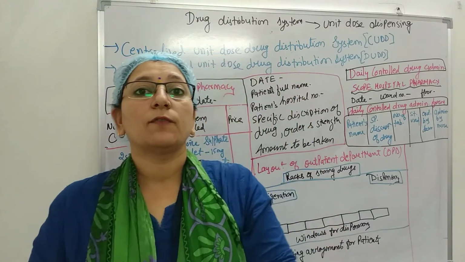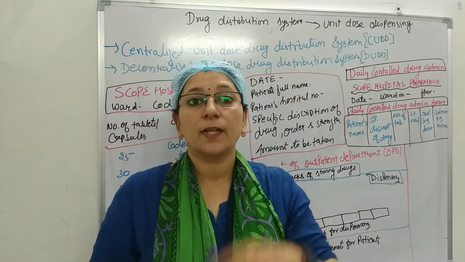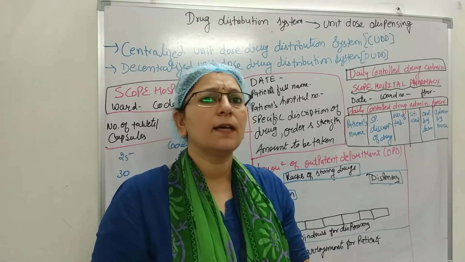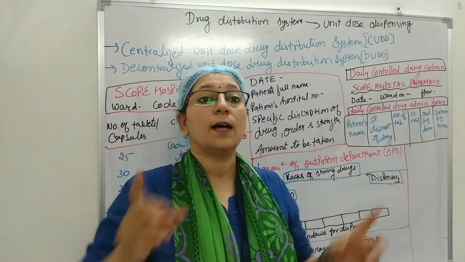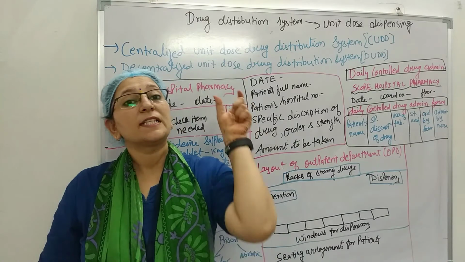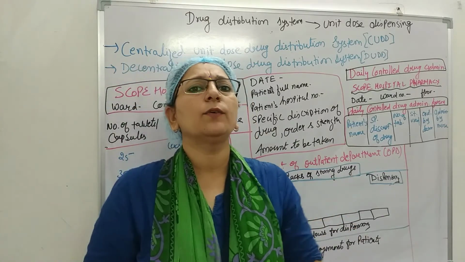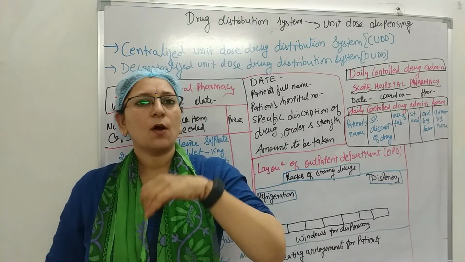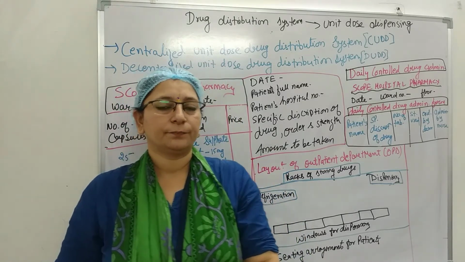Ordering ward stock of the controlled substance from the pharmacy, or requisition for ward stock of controlled substance, is completed by inserting a check mark opposite the name and strength of the controlled substance desired before any new controlled substances are issued to a ward. So this is the ordering of ward stock.